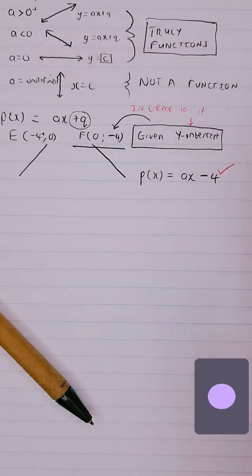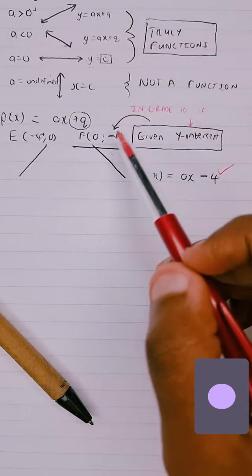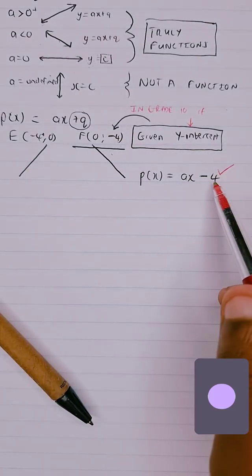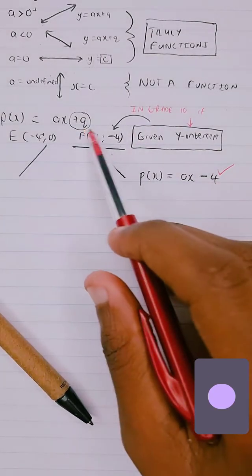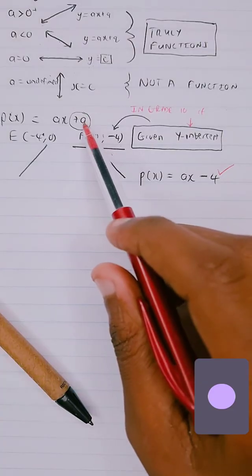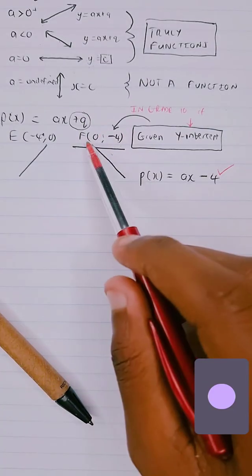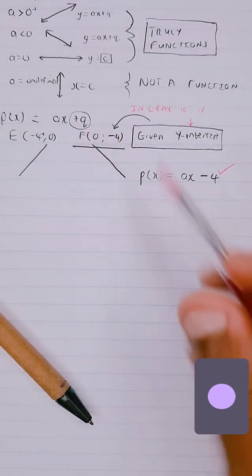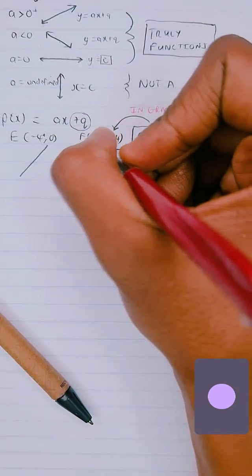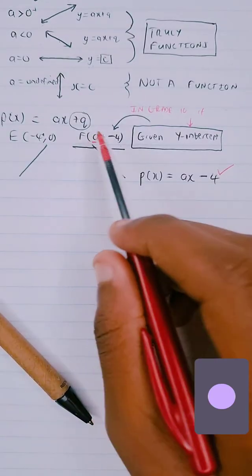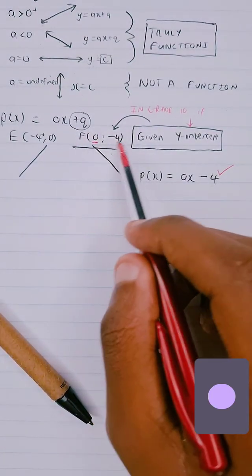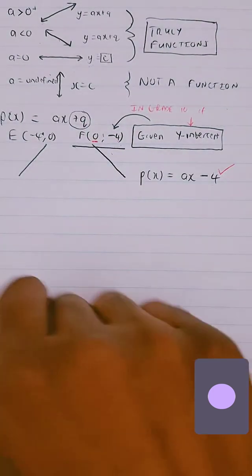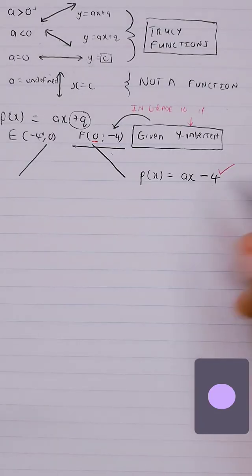You can also do it for the parabola if you are told that this is a point that the parabola passes through. Your clue is if x is 0 and that point lies on the function, then this is your q value.